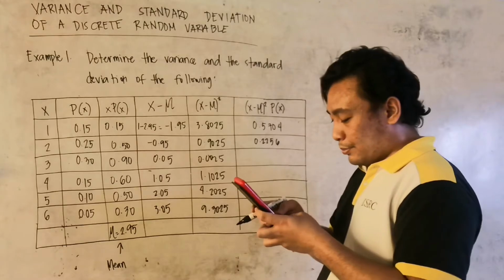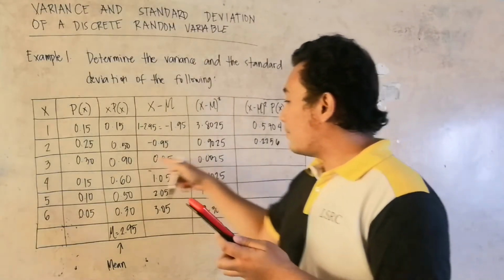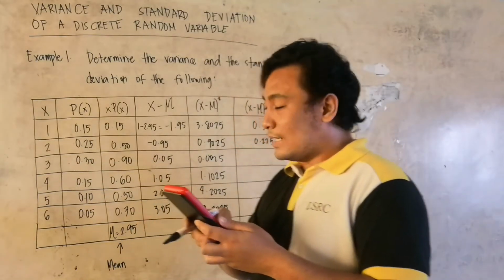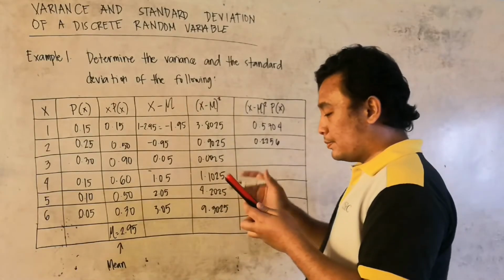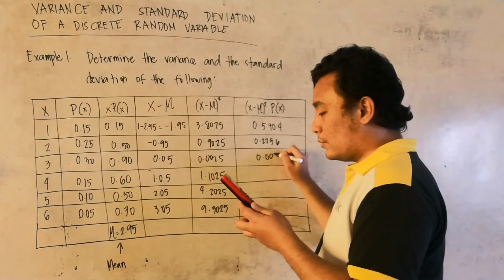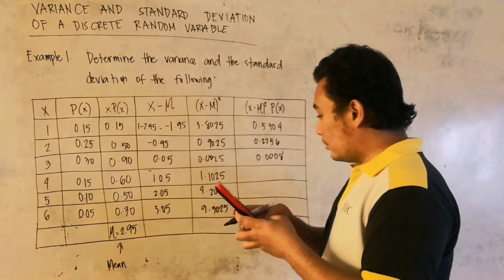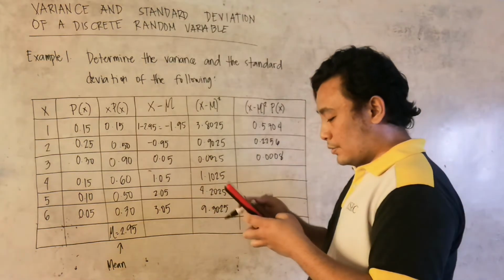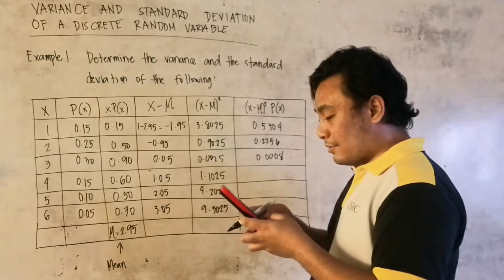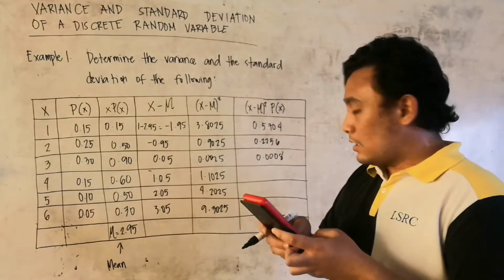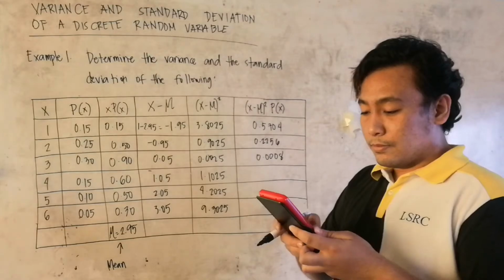Next is 0.0025 multiplied by 0.3 is equal to 0.0008, and then 1.1025 multiplied by 0.15.